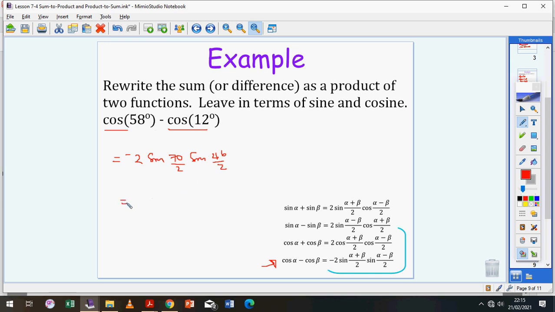So if I just simplify this, this is going to be negative 2 sine 35 sine 23. Finished. You will find that these things are easier than you fear as you work them through more and more and get the practice.